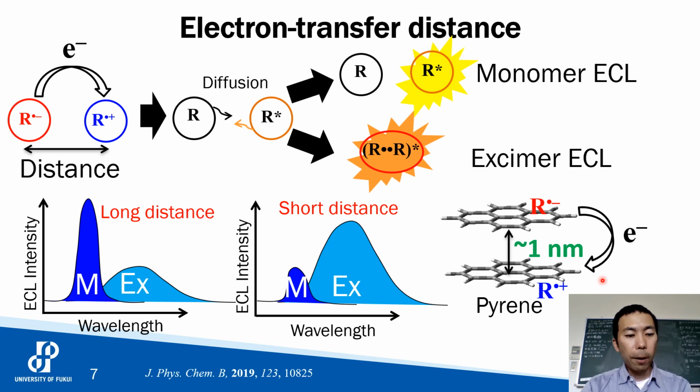We use pyrene, which shows an intense excimer emission. By comparing the ECL intensity of the monomer and excimer emission, we found that the electron transfer distance is about 1 nanometer. We are continuing this kind of research to reveal the electron transfer dynamics further.